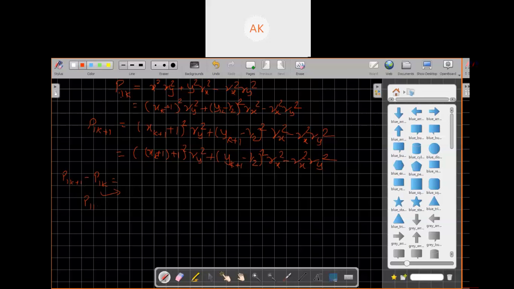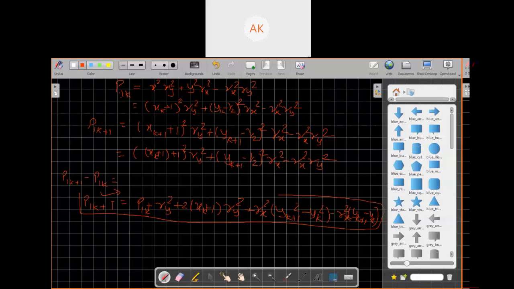You will ultimately find that p1 k+1, the next decision parameter, will be p1 k + ry² + 2x_k+1 ry² + rx² (y_k+1² − y_k²) − rx² (y_k+1 − y_k). If you simplify this equation, you will get the next decision parameter for region 1.